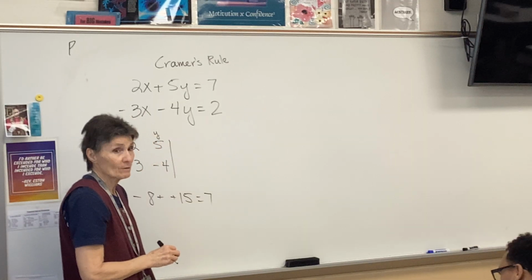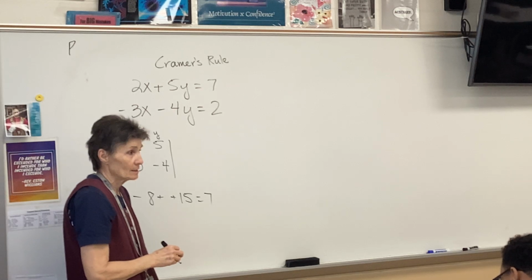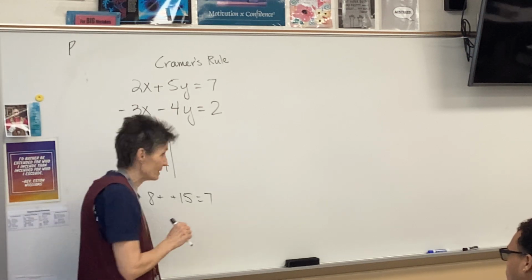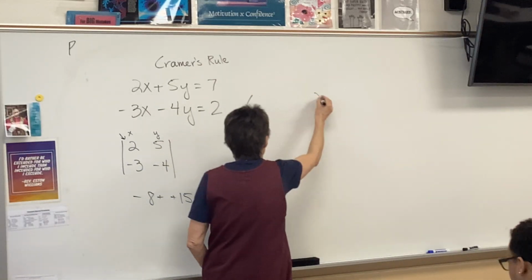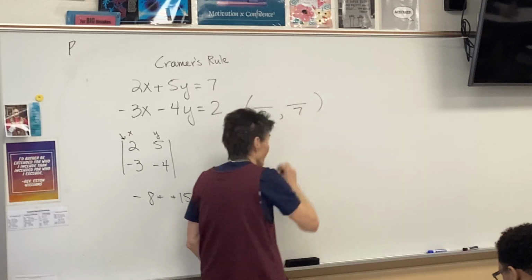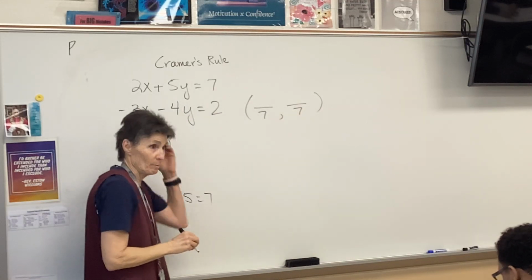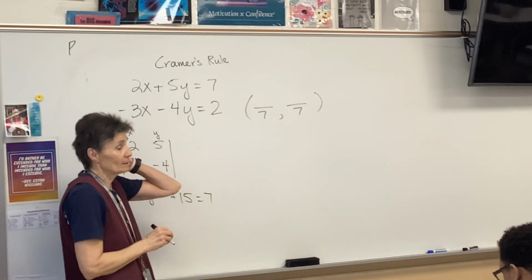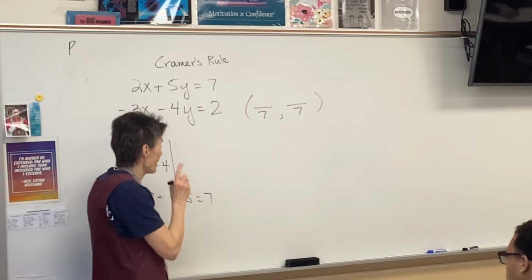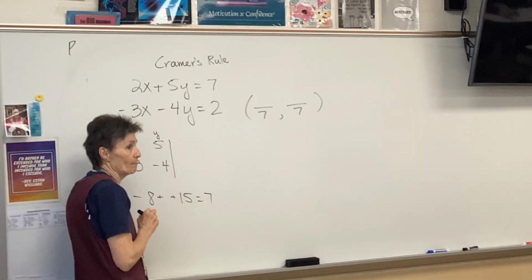And then where does the 7 end up in terms of the answer? The denominator of x and y. So remember, you are looking for x and y. In the last problem, we were looking for x, y, and z. Now we're just looking for x and y. And that 7 is the denominator.